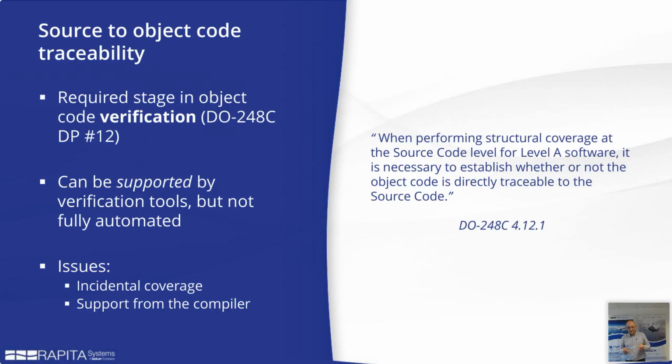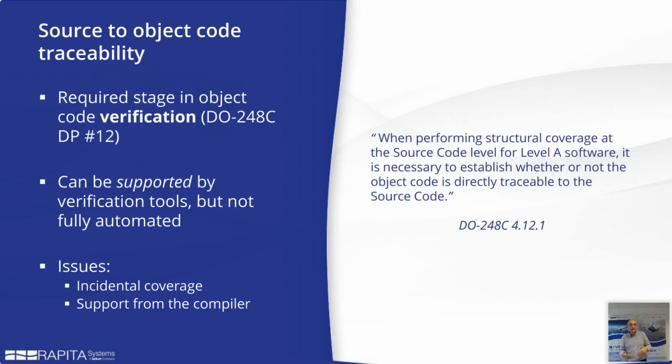And the reason for that is if you have source code, the compiler generates object code, and in the process, when the code generation is really one-to-one, it generates cross-references that say that object code line corresponds to that source code line, and source code line corresponds to the object code line. But this information is output as debug information as part of the compilation process. It's probably okay, but it's not at the quality that you expect of a tool qualification kit.